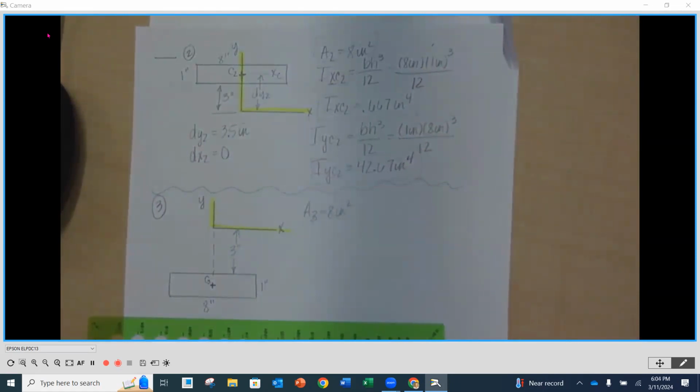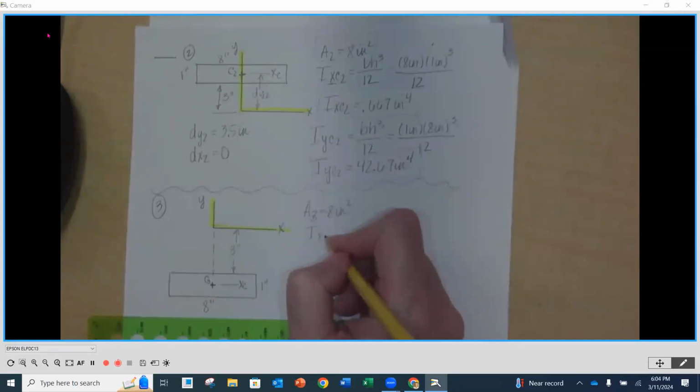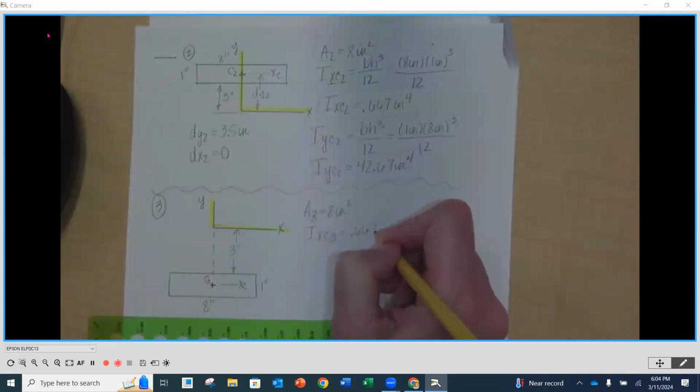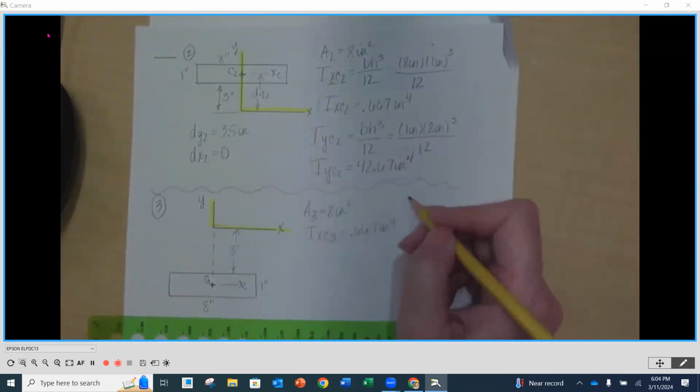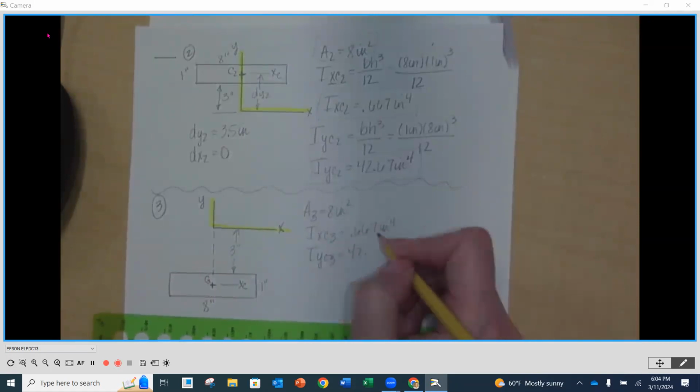Additionally, our moment of inertia about its centroidal x-axis is going to be the exact same as here. IXC3 is equal to 0.667 inches to the 4th, which is the same as the x centroidal for 2. And then our IYC number 3 is also going to be equal to the same as 2 at 42.67 inches to the 4th.